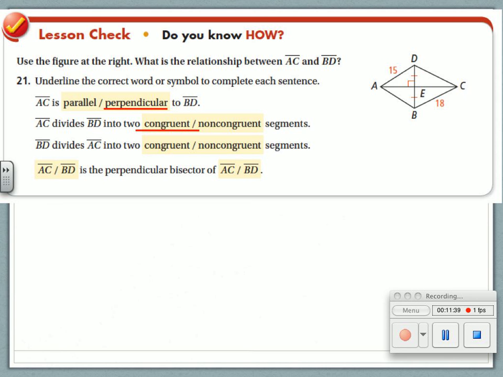BD divides AC into 2 non-congruent segments. So BD is not a perpendicular bisector of AC, but AC is a perpendicular bisector of BD. So we say AC is a perpendicular bisector of BD.